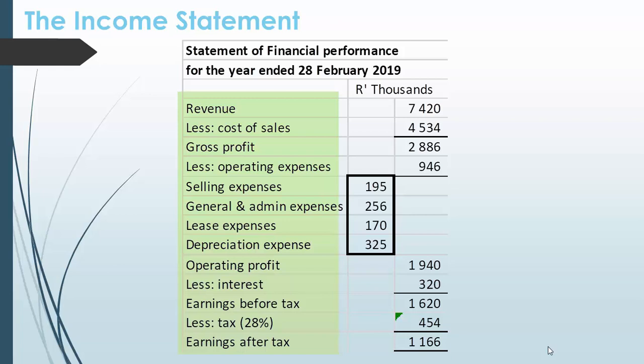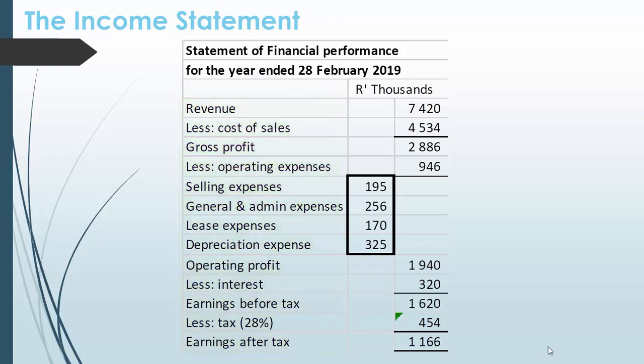That operating expense of 946 is made up of all those other expenses taken together and added up. Then you land up with what we call the operating profit, less interest. You have your earnings before tax. You take off your tax and you're left with your earnings after tax. That's what we term the bottom line. When people talk about the bottom line, it's your earnings after tax.